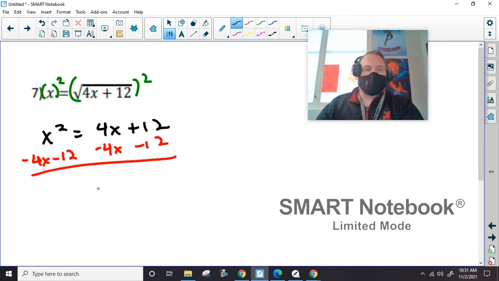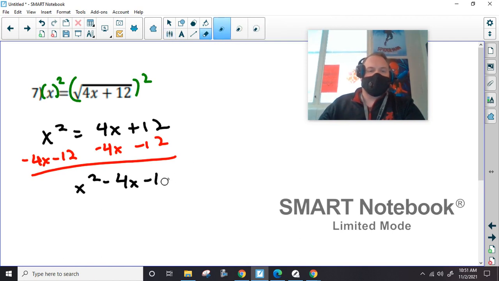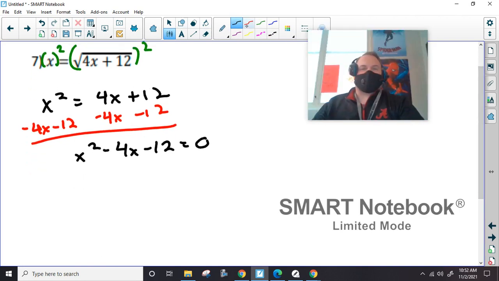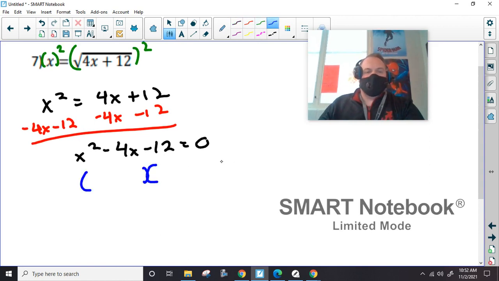Move it. Now, this actually factors as x minus 6, x plus 2.